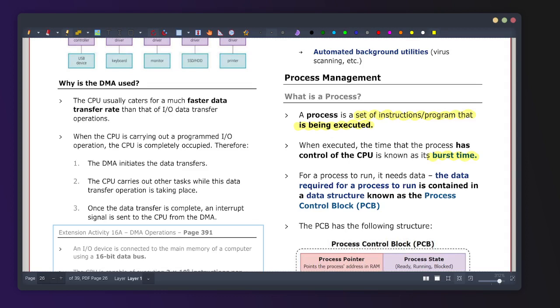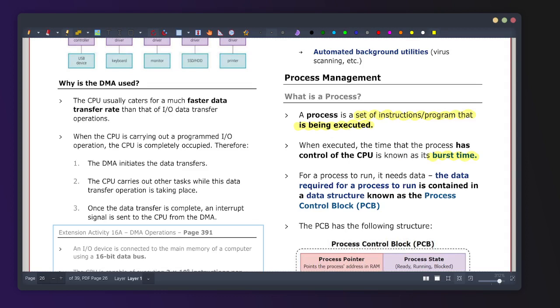For example, a process that has a burst time of 2 milliseconds would occupy the CPU for 2 milliseconds, and that's all. A process that occupies the CPU for 5 milliseconds would be given a burst time of 5 milliseconds, right? So I've said the same thing the other way. The burst time is basically the amount of time a process has control of the CPU, because as soon as the process enters the CPU, that process has control of the CPU for that duration.